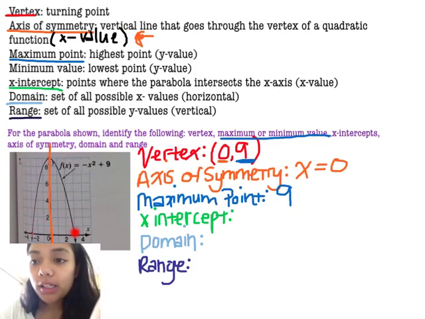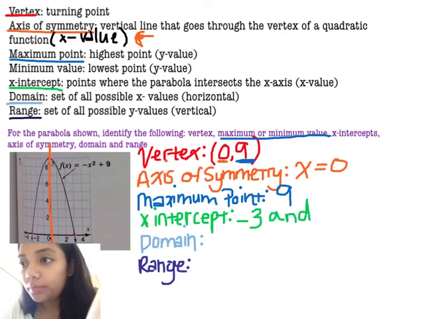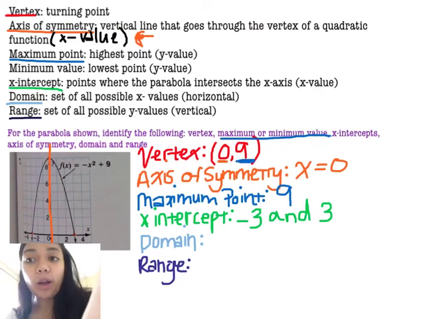So that means that my x-intercepts are (-3, 0) and (3, 0). You just have to put your x values, -3 and 3. All this is definitions. This is just straight up definitions, trying to understand definitions on a parabola.